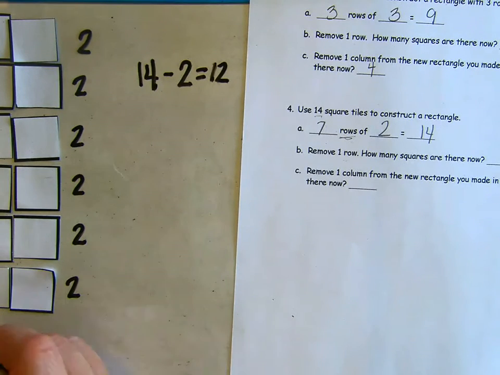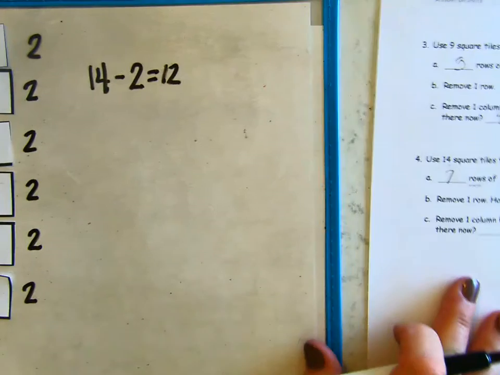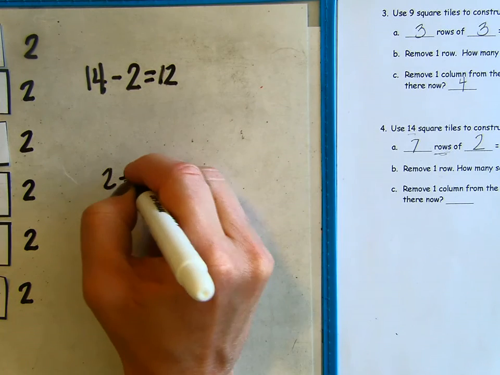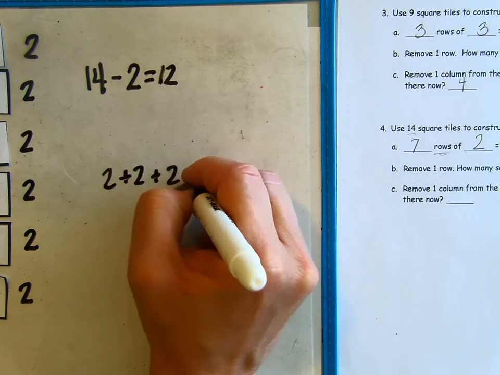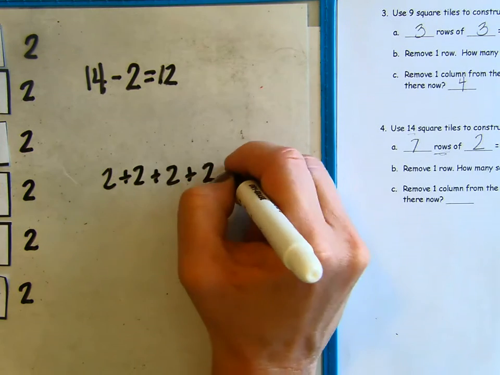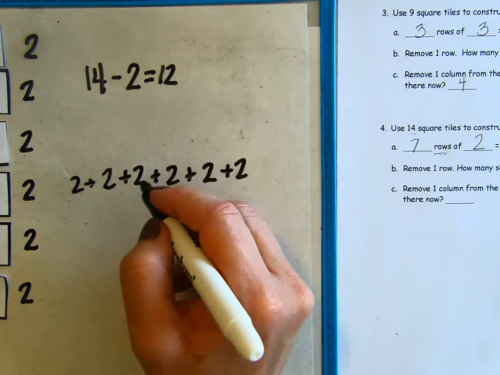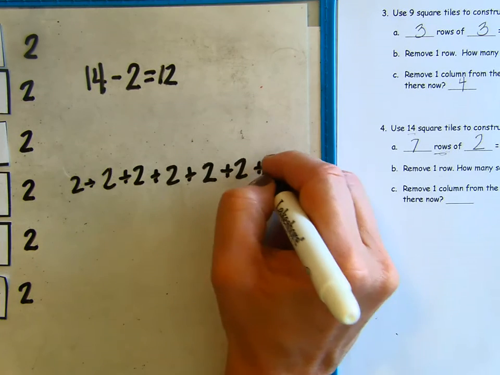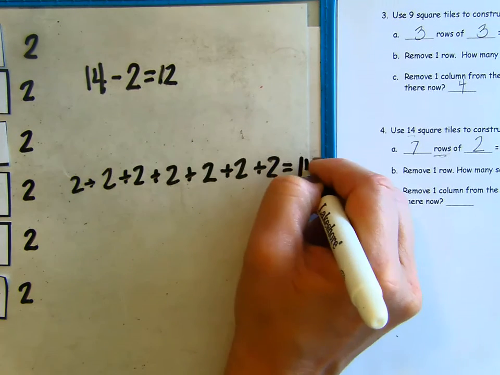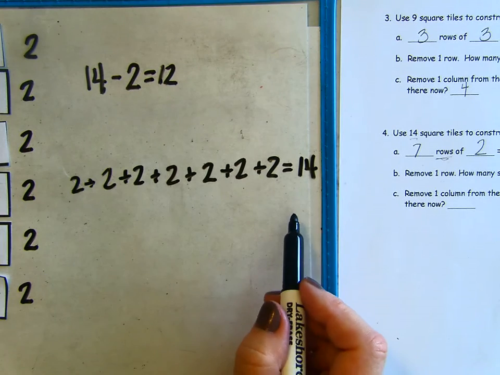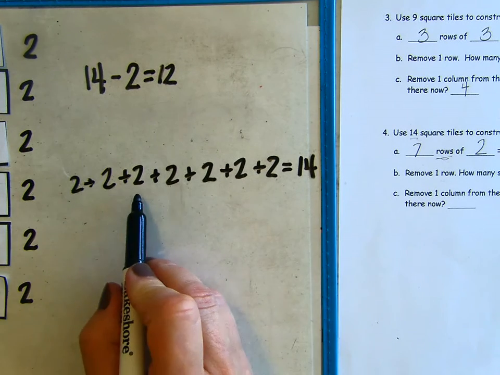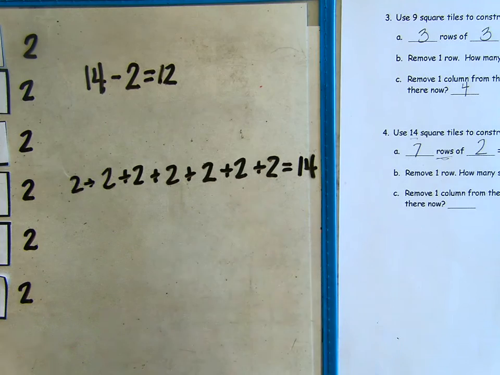So what we did was we took our repeated addition, 2 plus 2 plus 2 plus 2, that's 4, plus 2, that's 5. Let's add 1 here. 1, 2, 3, 4, 5, 6, 7. That's what we had to begin with. We had 7 2s. 2 plus 2 plus 2 plus 2 plus 2 plus 2 plus 2.